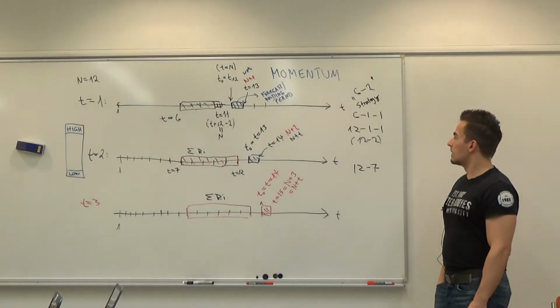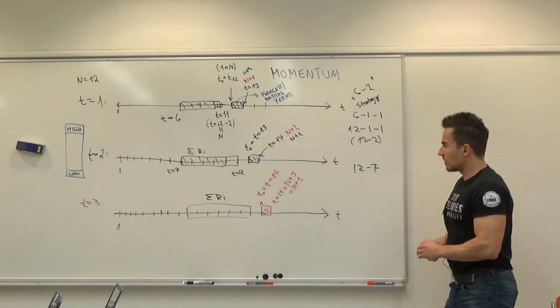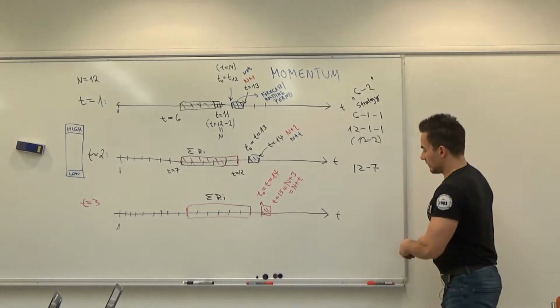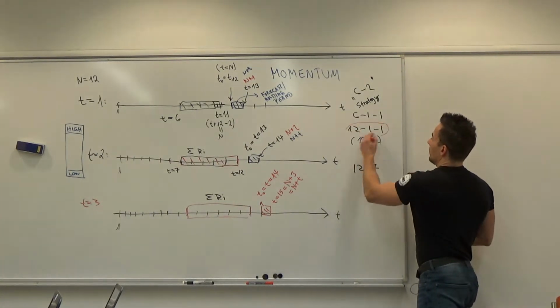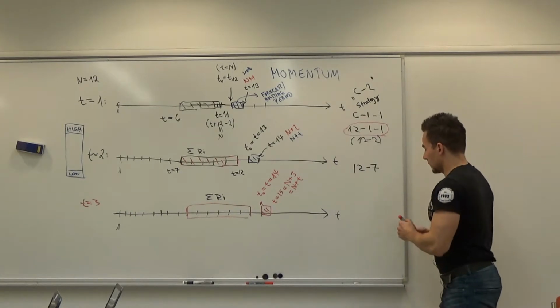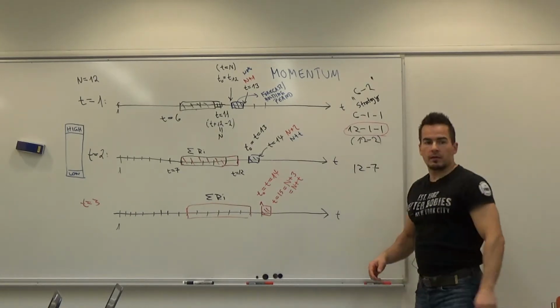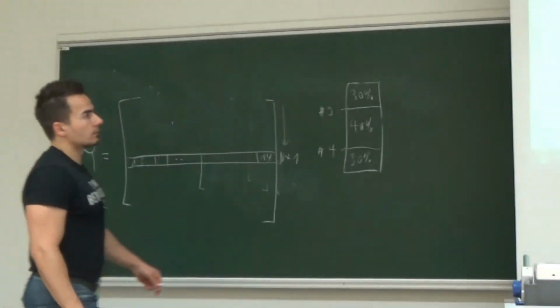But now, how would we then implement this 12-1-1 strategy? That's not that difficult. The only thing that we have to change in this code is this single line here.